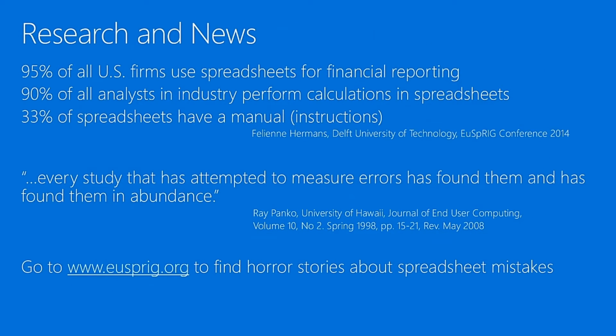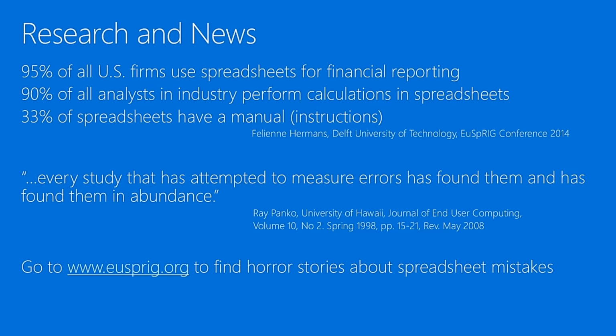So here's some of the data that I was talking about. This is research done by a few folks who I put a lot of faith in. The first set there, 95% of US firms are using spreadsheets in their financial reporting. I don't think that's a real surprise to anyone, but it's a pretty high number. 90% of all analysts perform calculations.